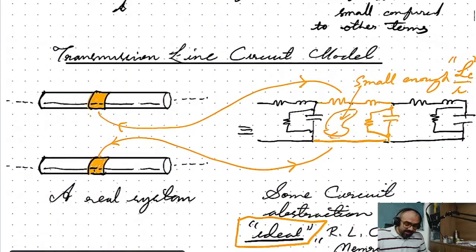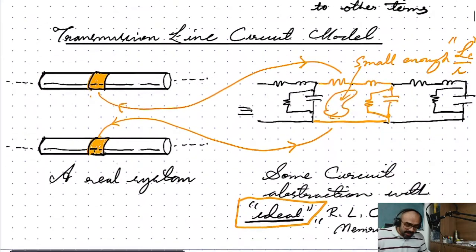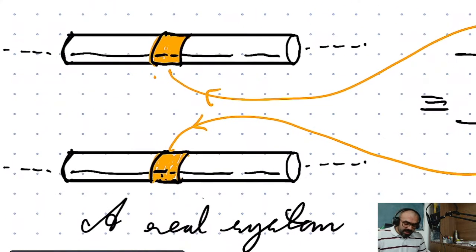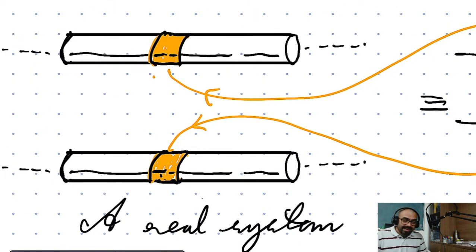So for example, if we take the case of two wires that are parallel to each other, which are transmitting a signal from one end to another end, this system will have mutual inductance that arises from the magnetic fields created by the currents flowing in these wires. As well, there is capacitance between the two wires.